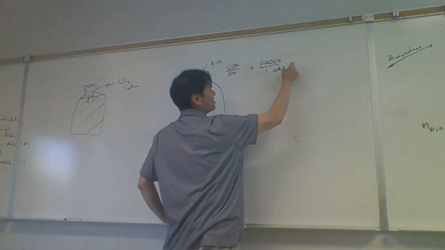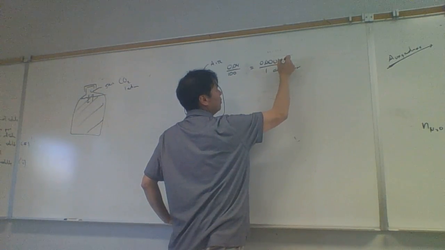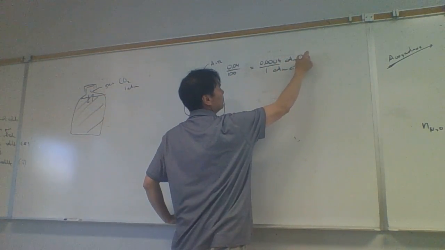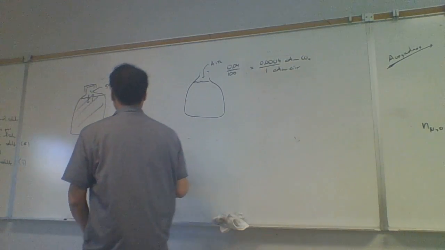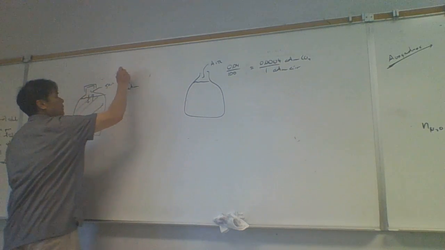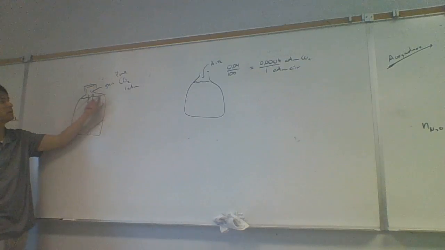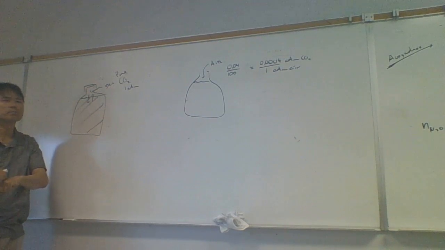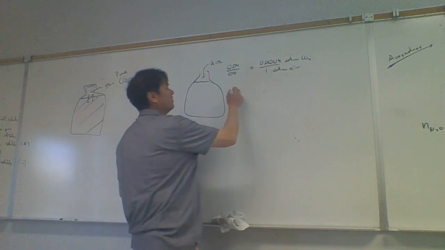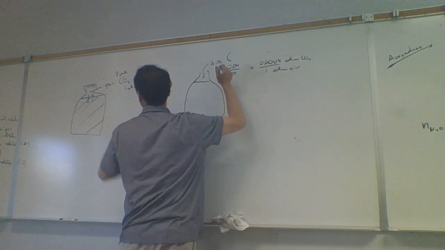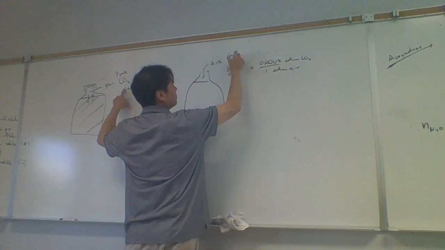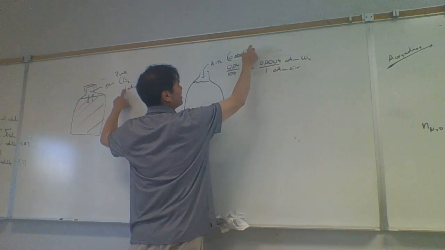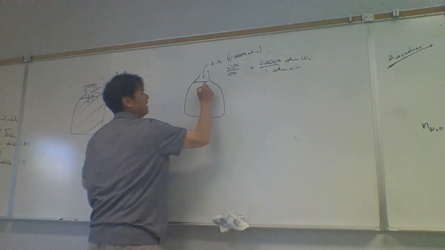So if I have 1 atmosphere of air, then I have 0.0004 atmospheres of CO2. And this is pure CO2. Pure CO2 is going to be at 1 atmosphere, so I have 1 atmosphere of pure CO2 forcing its way into the liquid. If I open this, then I'm going to go from 1 atmosphere all the way down to 0.0004 atmospheres.